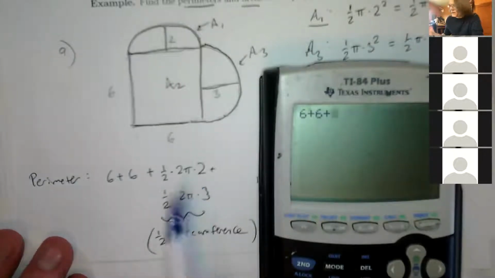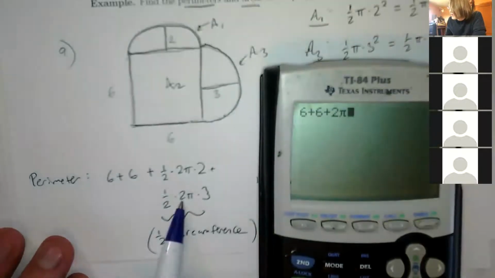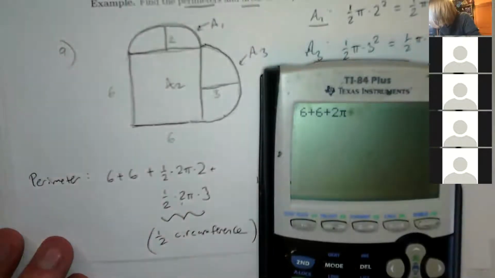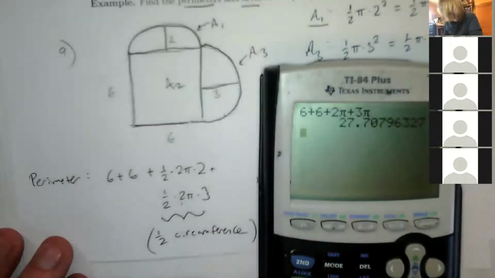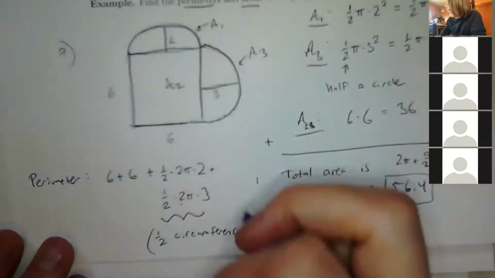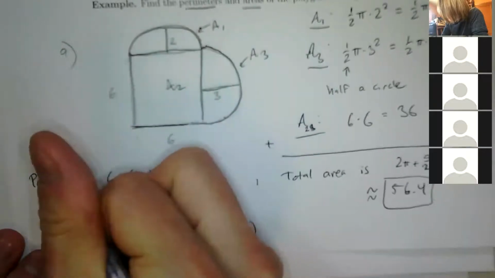And so I just get 2 pi. And then the 2 and the 1/2 cancel again in this bottom one, and so I just get 3 pi. So altogether, I get about 27.7. Apparently, I'm rounding to 1 digit today.